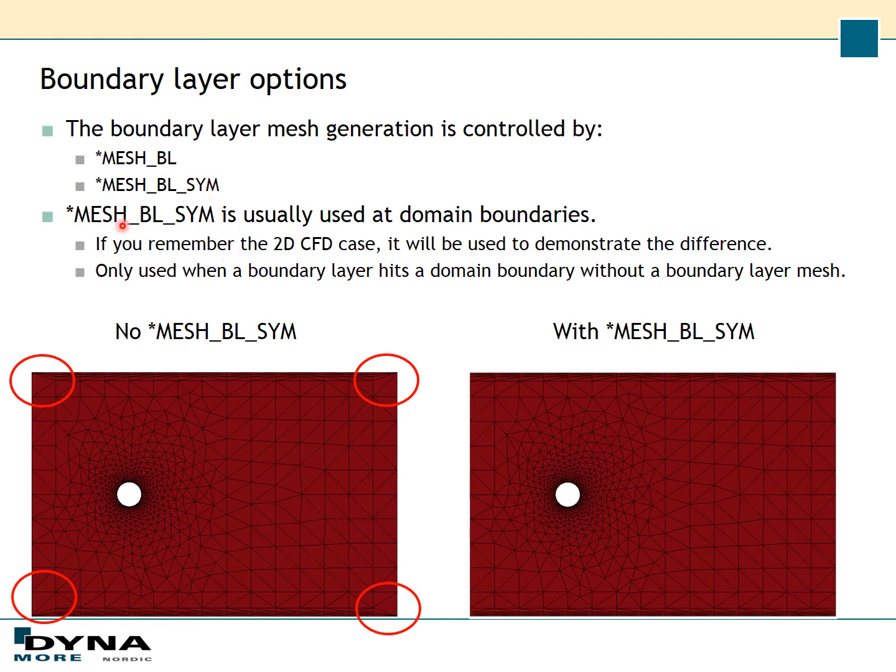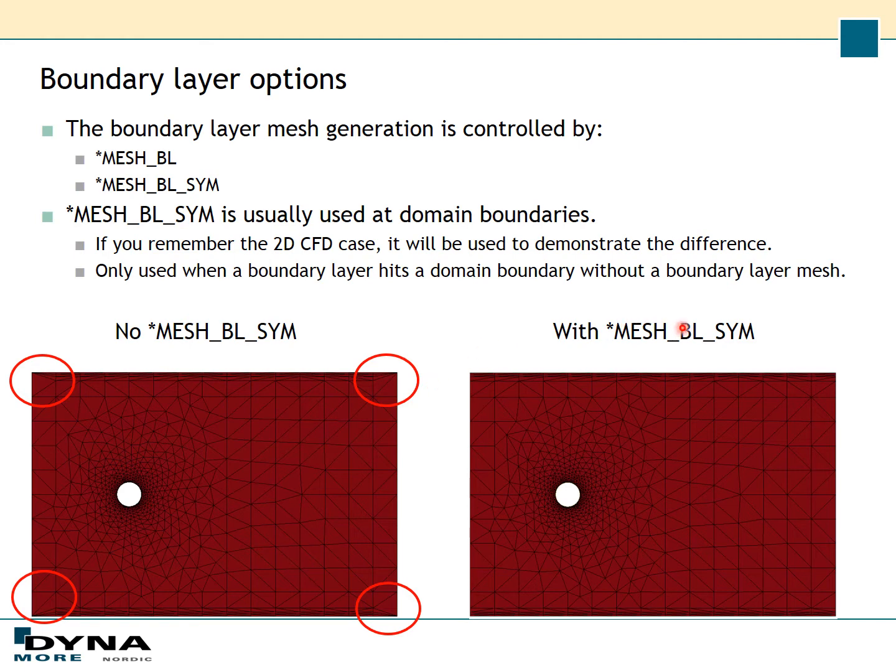What mesh_BL_sim does is that it tells the solver to propagate the last elements out to a certain boundary. So for example, here you can see a case when mesh_BL_sim has not been used, and as you can see, the last boundary layer is squeezed down to the last node.